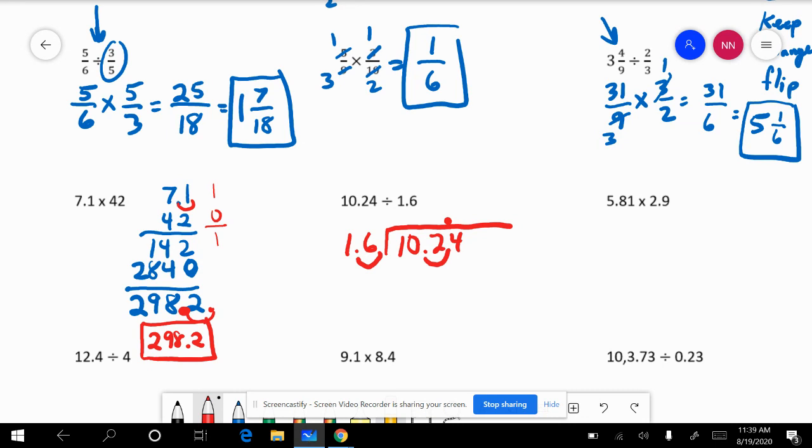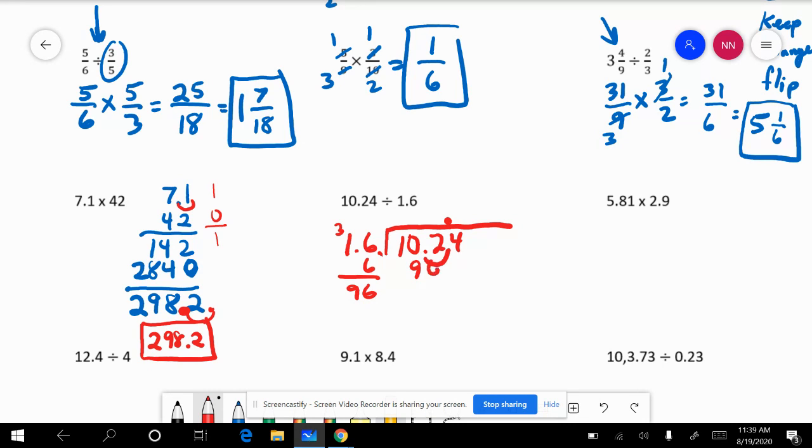We're going to see how many times does 16 go into 102. And with this right here, what we have to do is we have to take a guess. So I'm going to guess 6. 6 times 6 is 36. 6 times 1 is 6, plus 3 is 9.